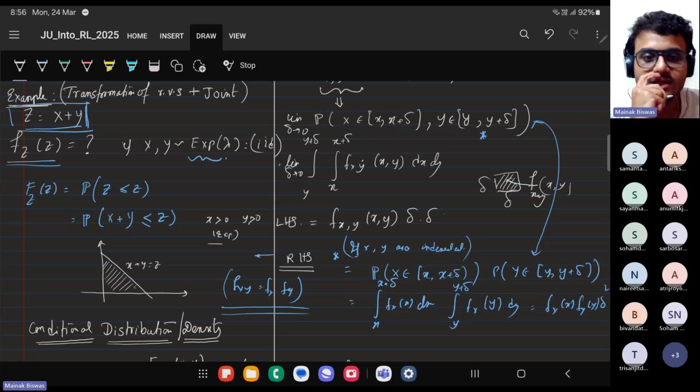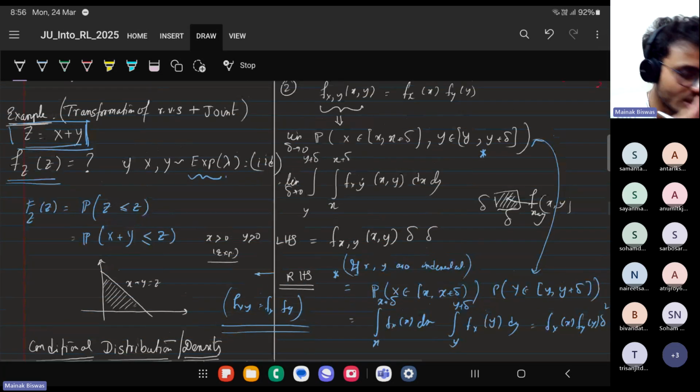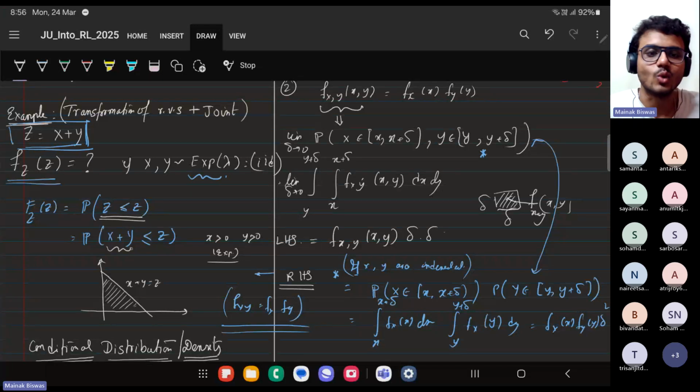Exponential distributions are anyway greater than 0. So we were discussing the joint. What will we try to do? Are you able to understand that x plus y, the sum of these random variables, must be less than that z?